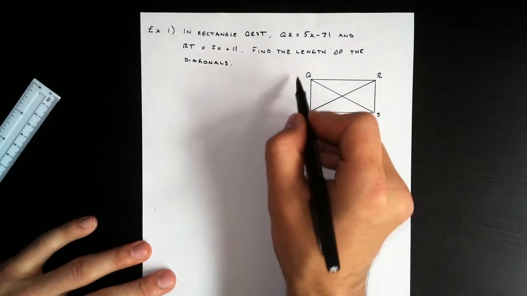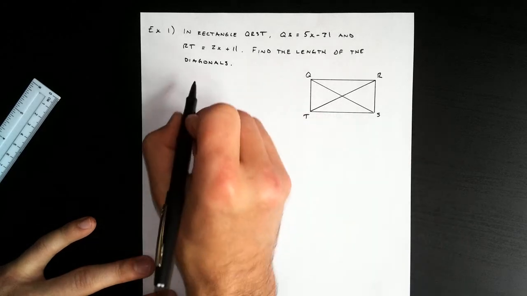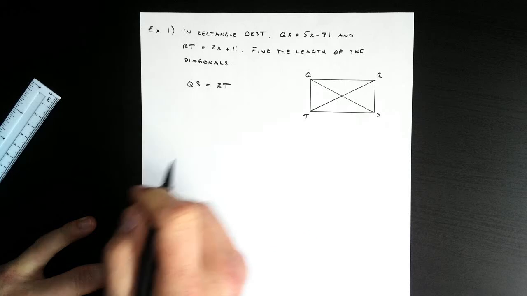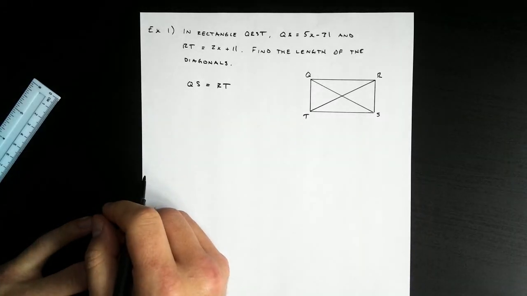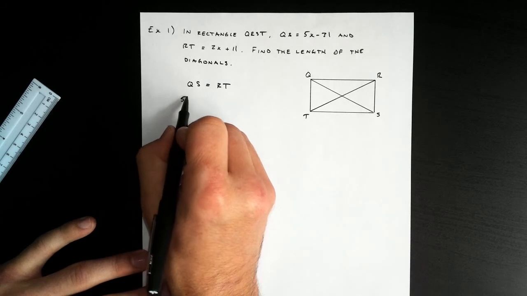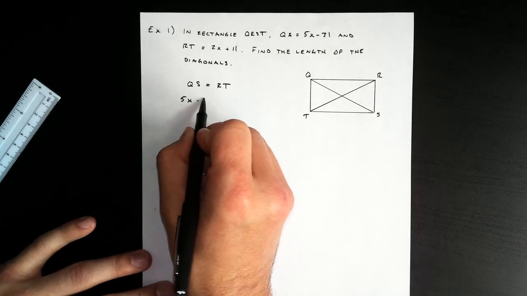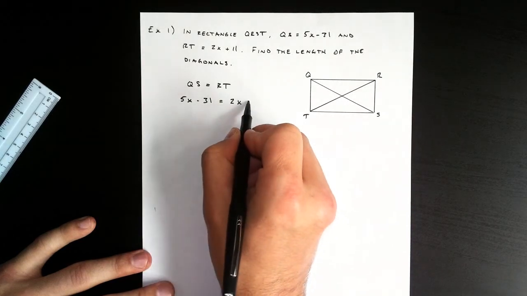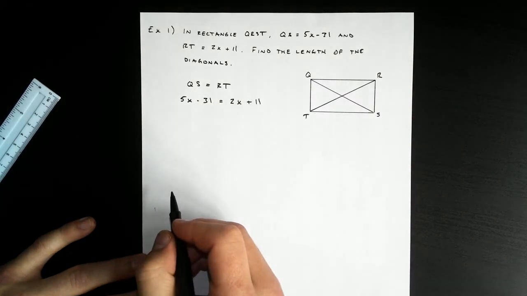So because this is a rectangle, that last property, I know that QS has to be the same as RT. The diagonals have to be equal to each other. So that allows me to set up this equation. So substituting in what we know, 5x minus 31, that has to be equal to 2x plus 11.